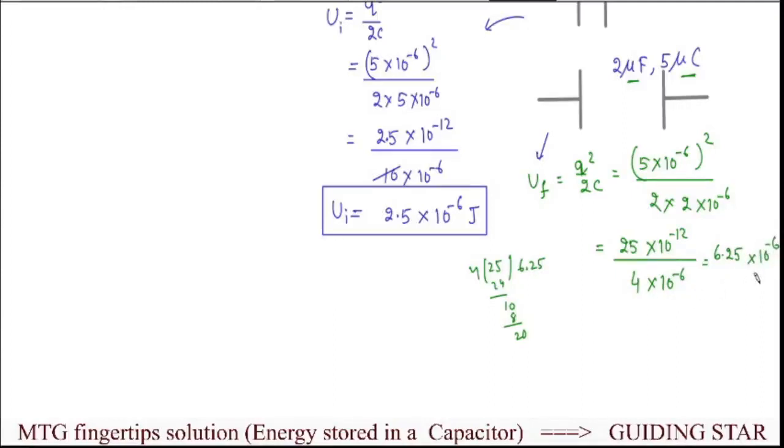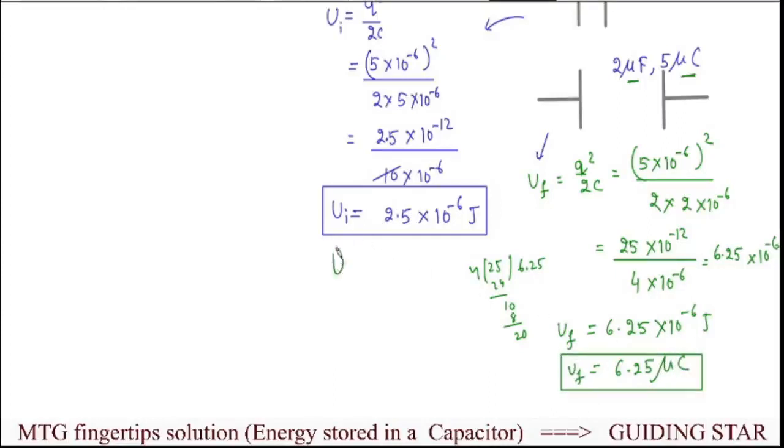So finally, the final potential energy U final is 6.25 into 10 to the power minus 6 joule, or 6.25 microjoule. And U initial is 2.5 microjoule. This is the initial energy.